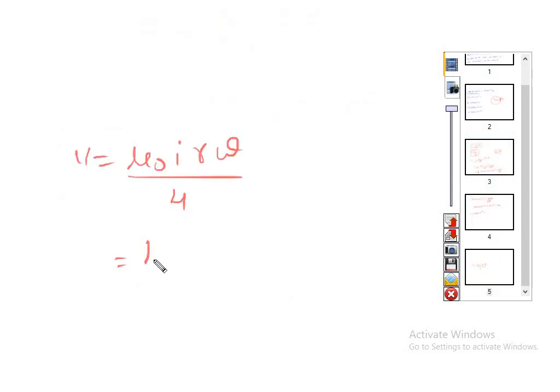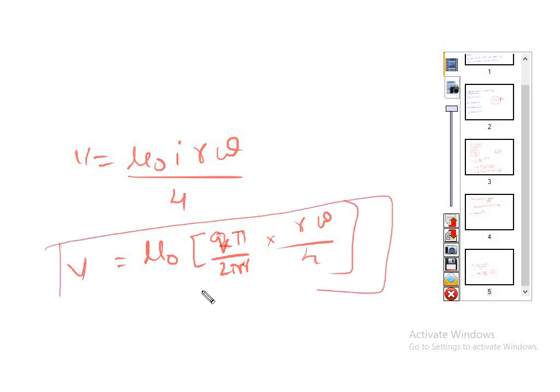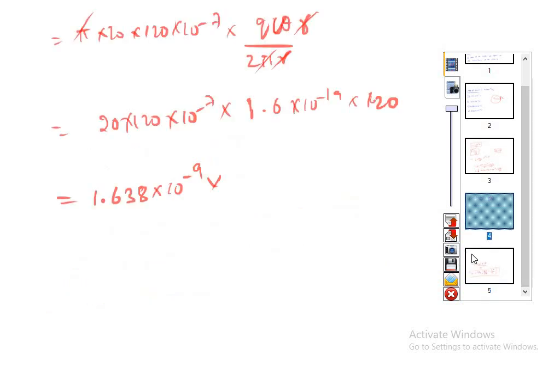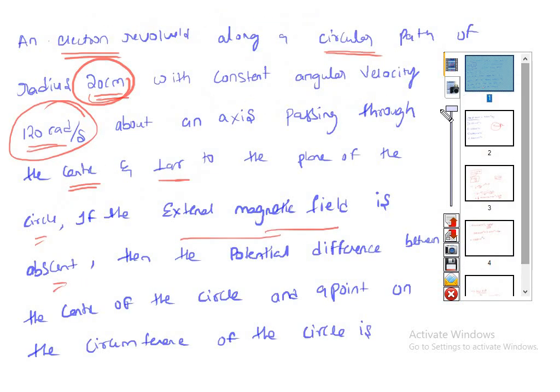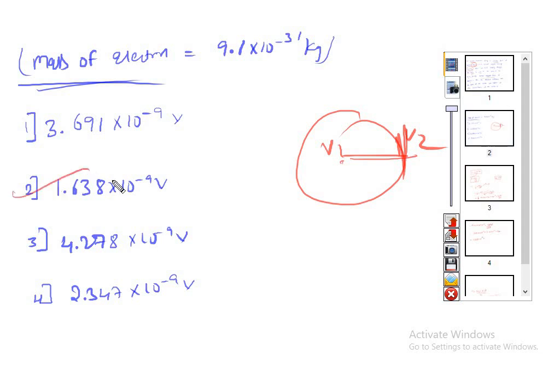But in the place of mu naught I, we have written it with Q, so that is Q by 2 pi R into R omega by 4. This is the final condition. We have substituted the values and we found it as 1.638 into 10 to the power of minus 9. I hope it is clear. So let's get back to the another question.